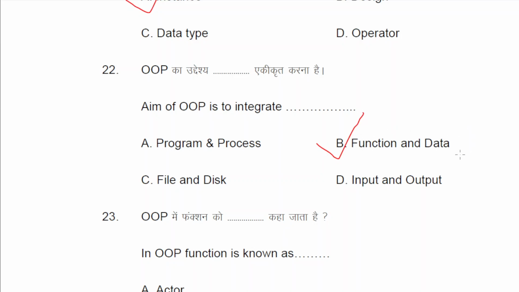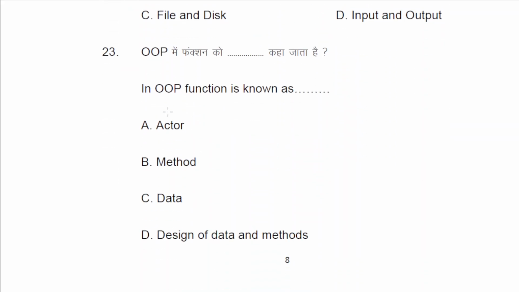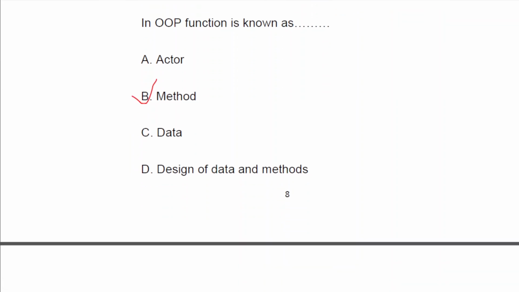You know encapsulation we say once we are binding data and function in one header, that we are calling encapsulation also. So that way you can identify it is data and function. OOPs function is also known as a method. Function we call as a method, so answer will be B.